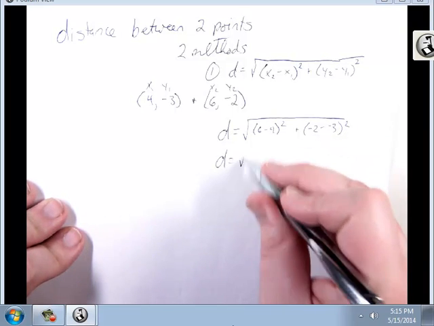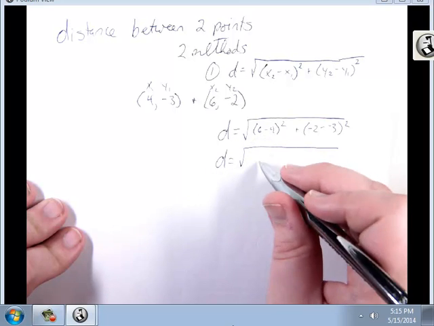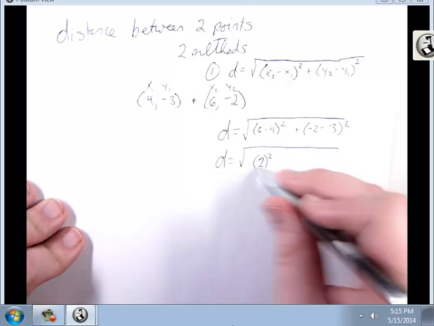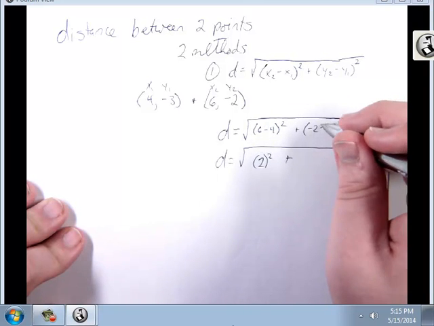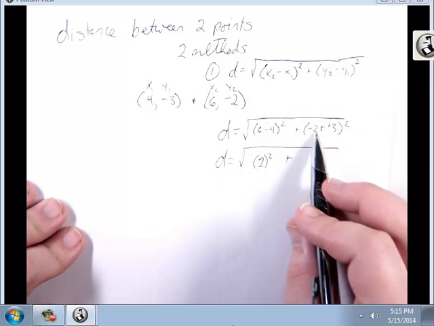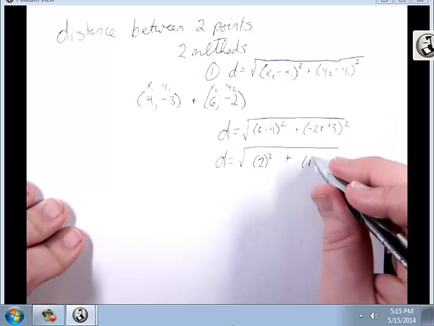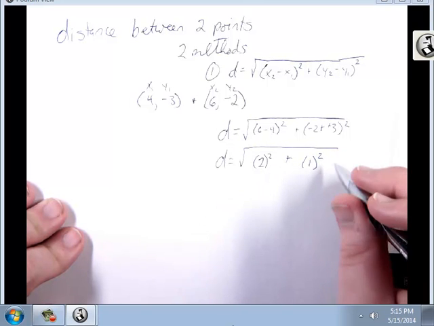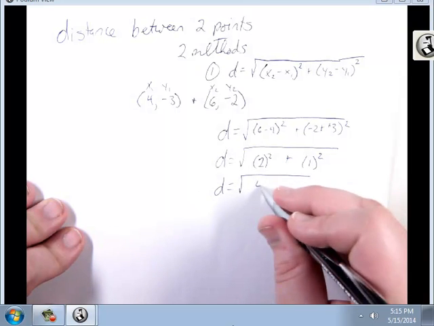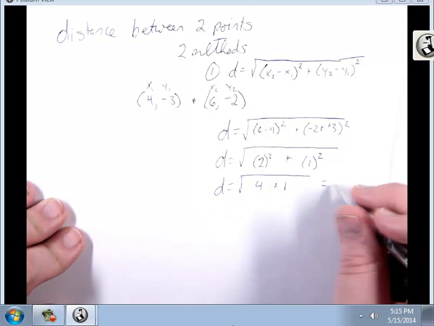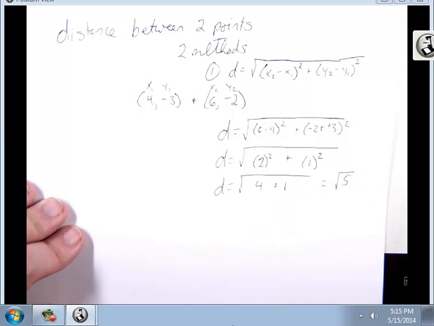Six minus 4 is 2, plus negative 2 minus negative 3. It's just like adding a positive, so negative 2 plus 3 is 1, squared. Square root of 4 plus 1, which is square root of 5. And that's one method.